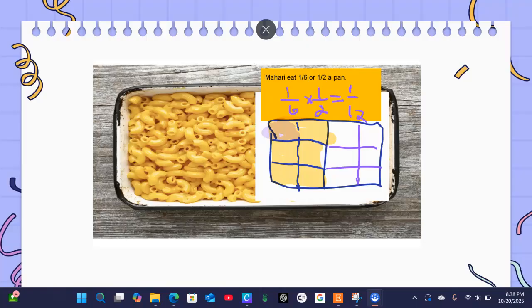And we have equal portions. And you should see 1, 2, 3, 4, 5, 6, 7, 8, 9, 10, 11, 12. That's 12 pieces. All right, 12 total pieces out of the whole pan, and only half of a pan is left over.